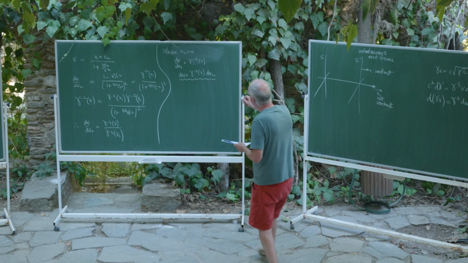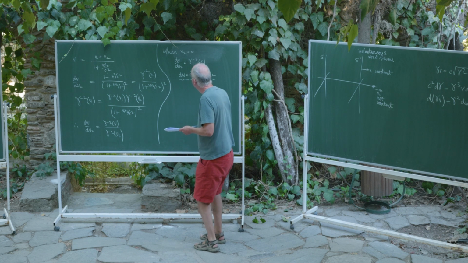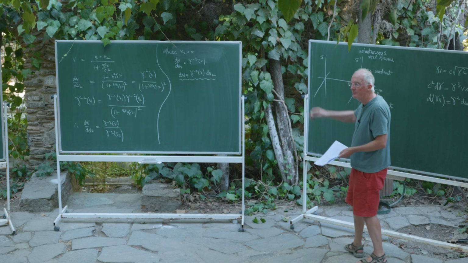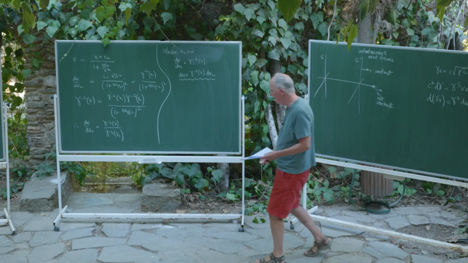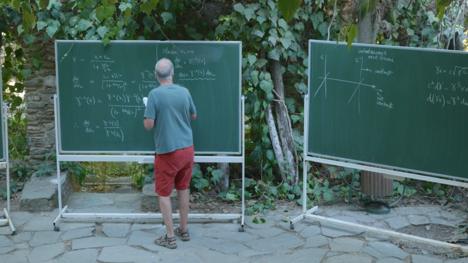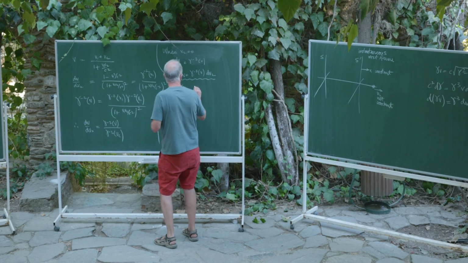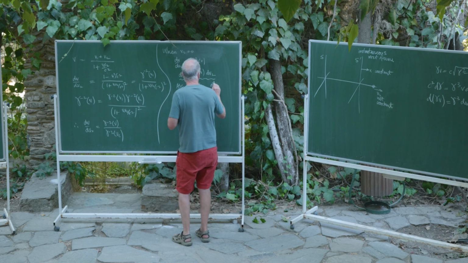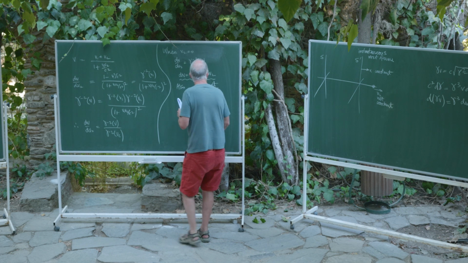Now, at that same instant, when v2 is 0, there's a time dilation between these two frames of reference, which we calculated yesterday. And so the time dilation is this. It's dt dashed is dt over gamma of v1.